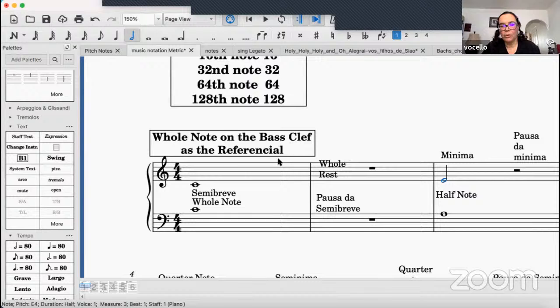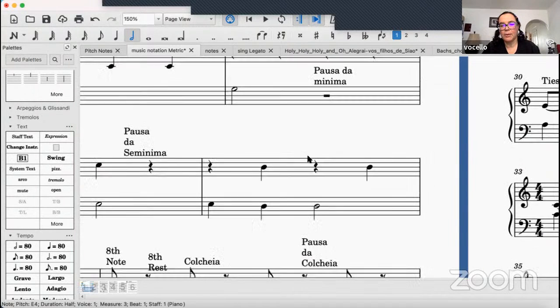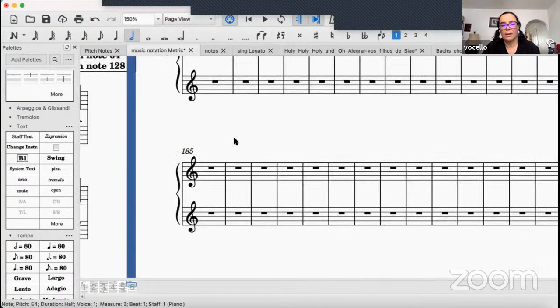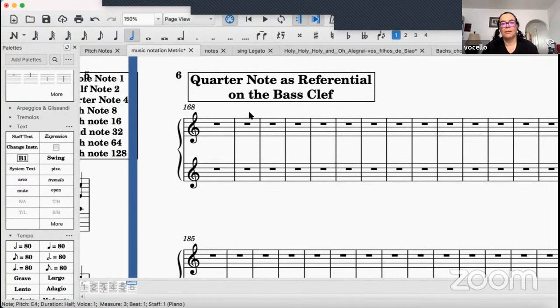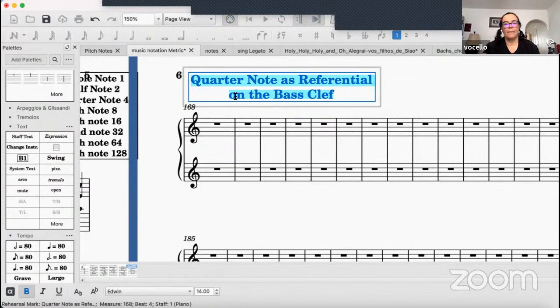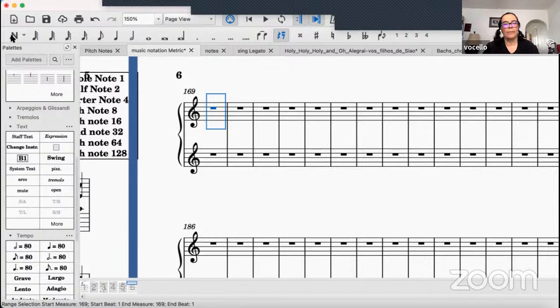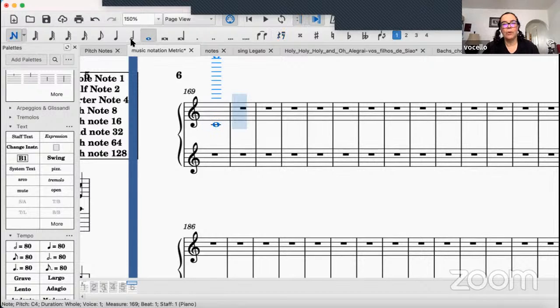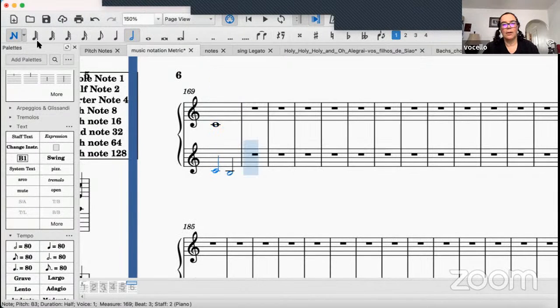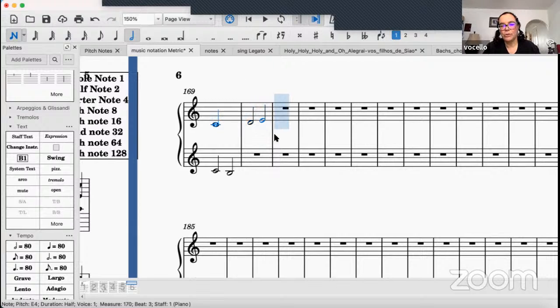So one whole note is equal to two half notes. Let me find a space here. One half note is equal to two chord notes.